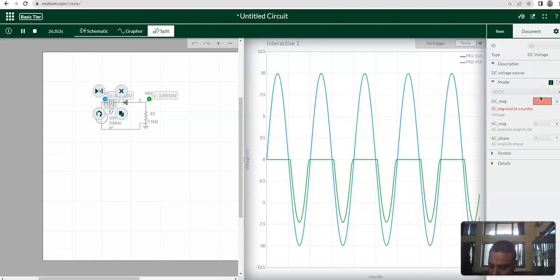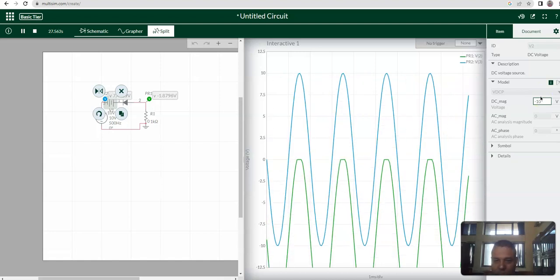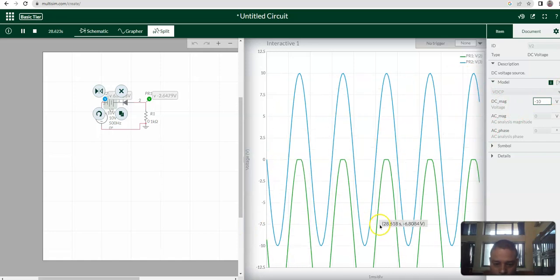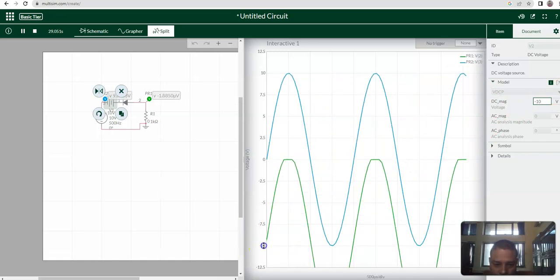If we take it as -10, then you see it has moved downwards. It has moved downwards.